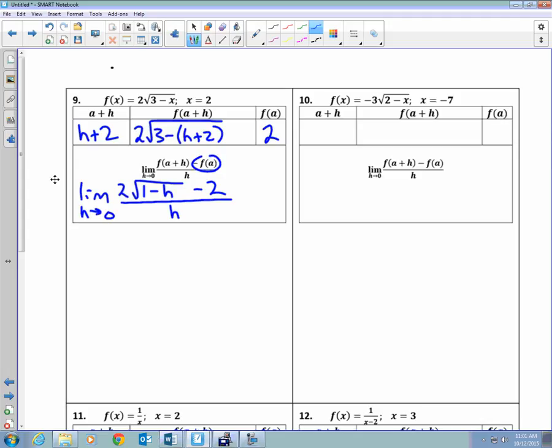All right, so how do I reconcile this? What do I conjugate? The limit as h goes to 0 of 2 times the root of 1 minus h minus 2 over h, times the conjugate, which is 2 roots of 1 minus h plus 2.